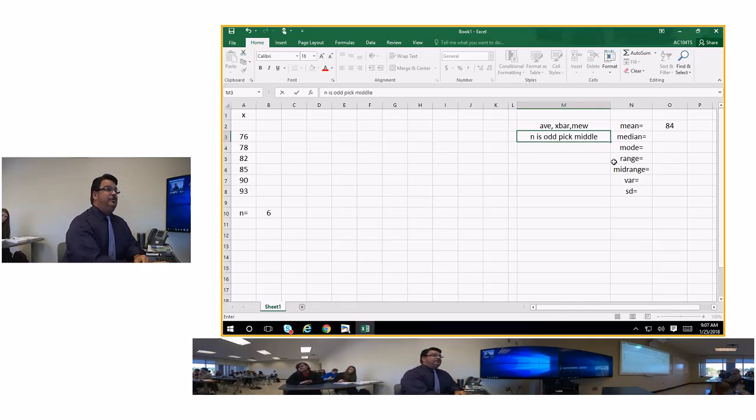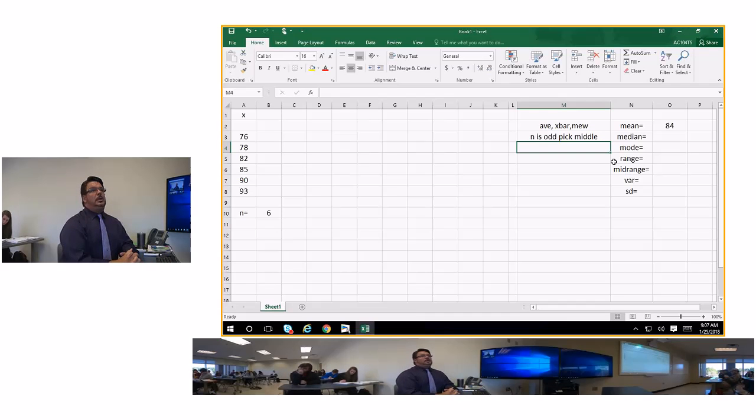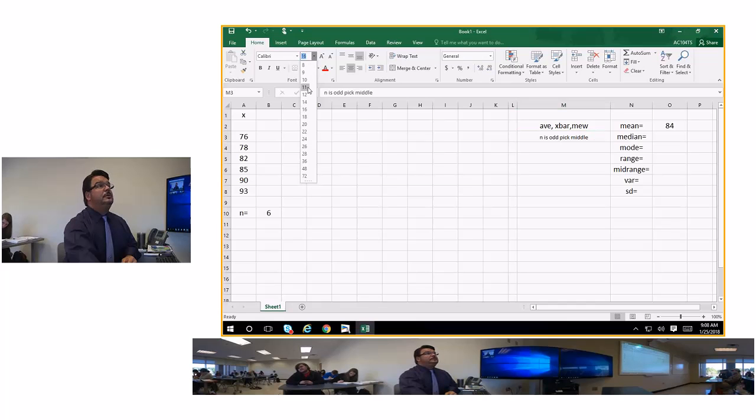You got to take the average of what? The two middles. So write that down. When n is odd, you pick the middle. When n is even, you take the two middle terms and average them.